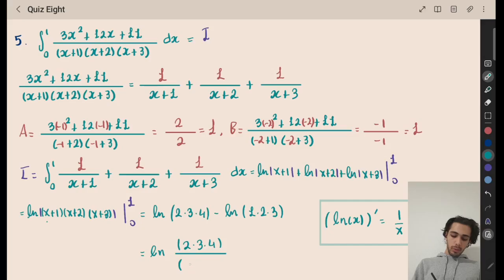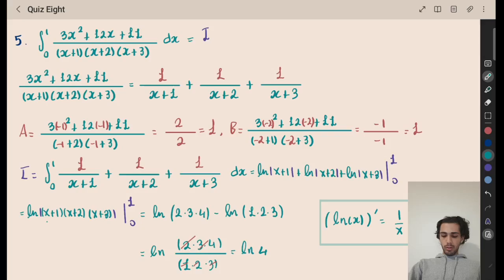Just like the previous property, there's a minus between ln's, I can divide the terms. Of course, the 1 just cancels out. Then in this case, the answer should be ln of 4.